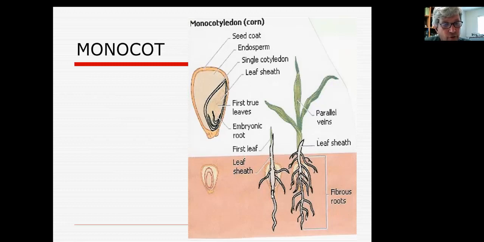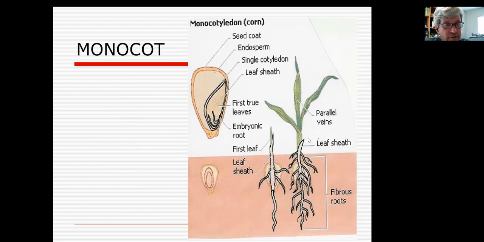When it comes out of the ground, this first leaf that comes out, the first true leaf is the green one, but when it comes out, it's got this kind of a sheath that protects it coming out. That's what's around this little plantlet here. In the seed, you have an embryo inside this, and it has this little leaf sheath that will expand once it gets the right conditions, the right water, the right temperature, things like that. So when it comes out, that's what we mean by monocotyledonous.